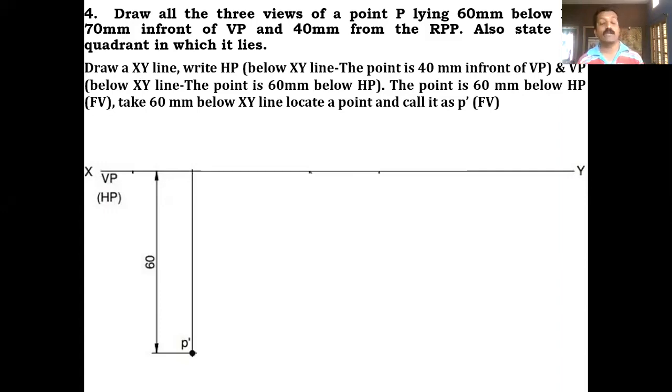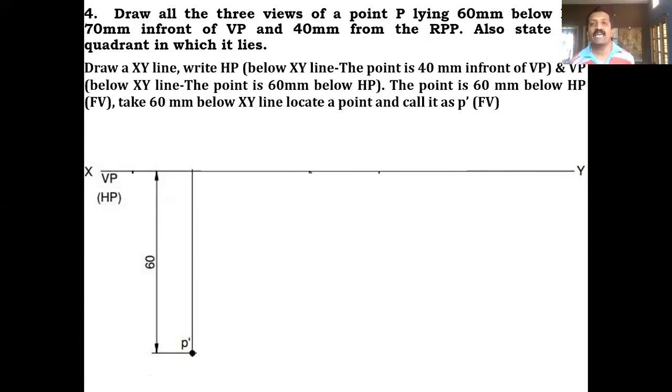So after drawing the XY line, for the fourth quadrant both HP and VP will come below the XY line, as well as both the front view and top view. You can fix your VP and HP below the XY line, where in the fourth quadrant both the planes overlap with each other. Let me take the first information he has given.